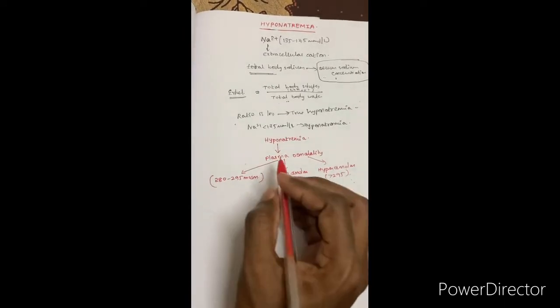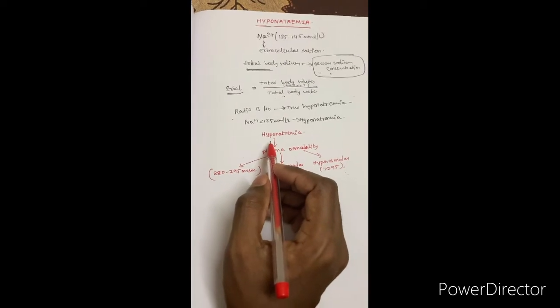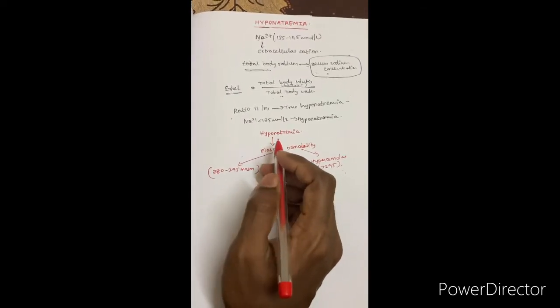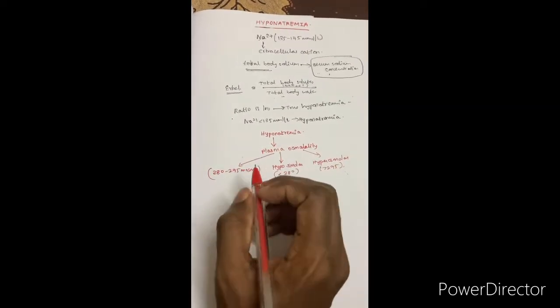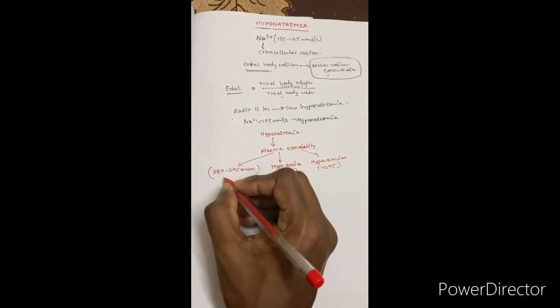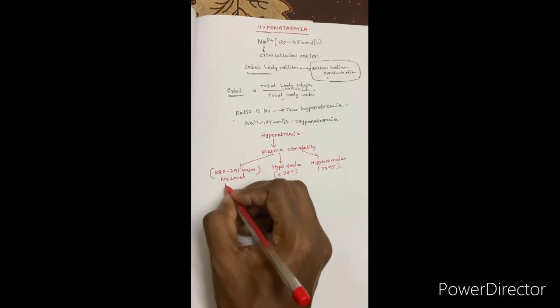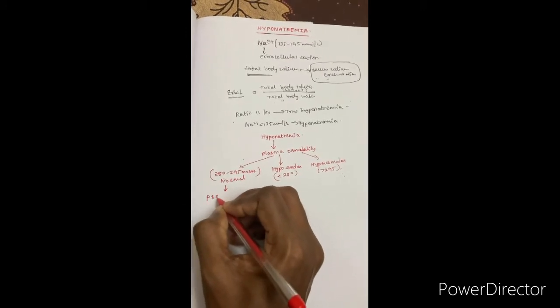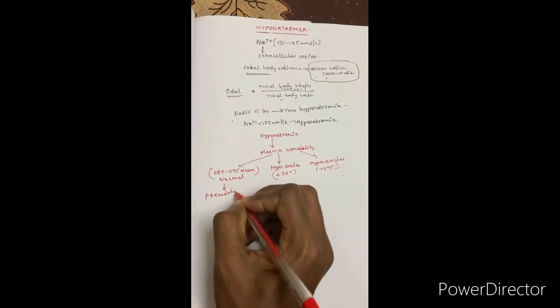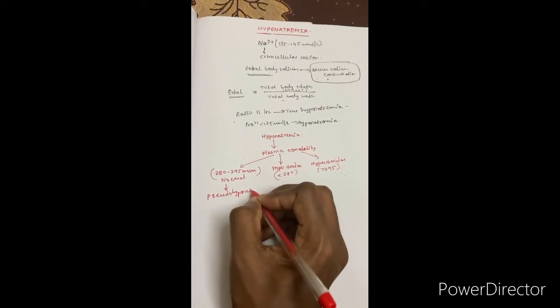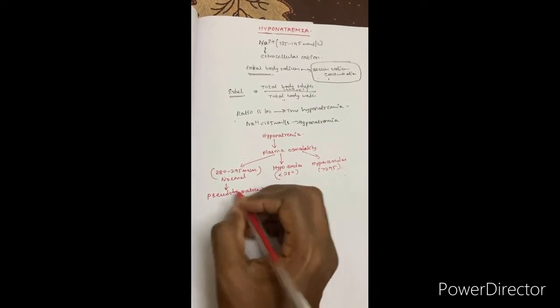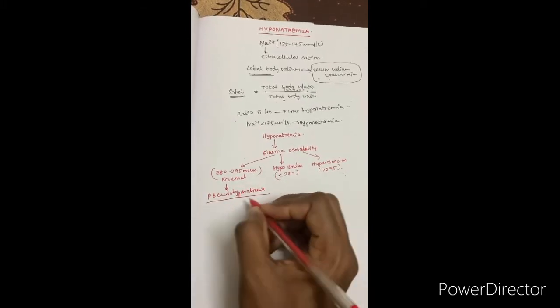Whenever you suspect hyponatremia, you have done the serum sodium concentration and found that hyponatremia is there, and you have done the osmolality and it is normal, then you have to suspect pseudohyponatremia. In which conditions may it occur?